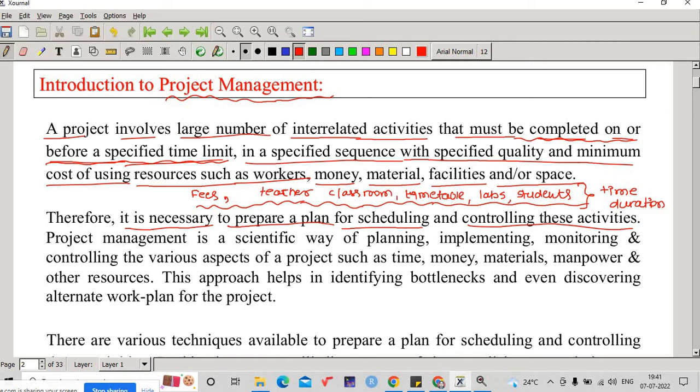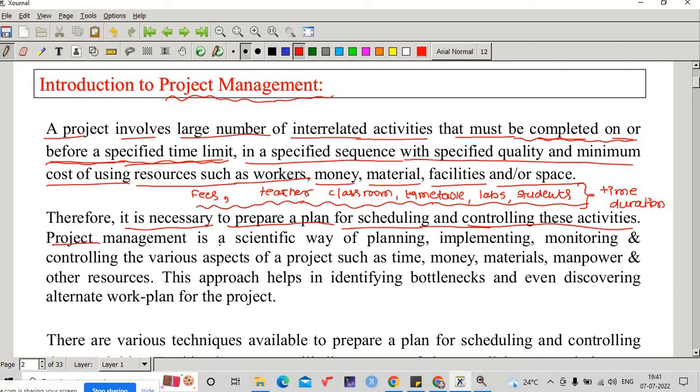Even in teaching, in a semester, if I'm teaching you this course of operation research, definitely scheduling and controlling all the activities included are essential to handle, essential to plan, essential to execute properly within the time.